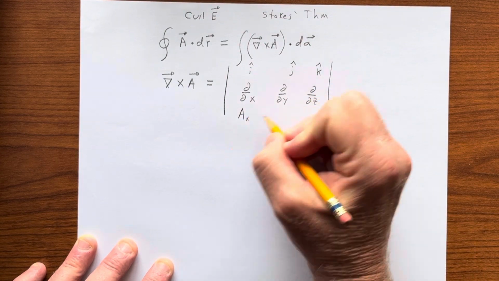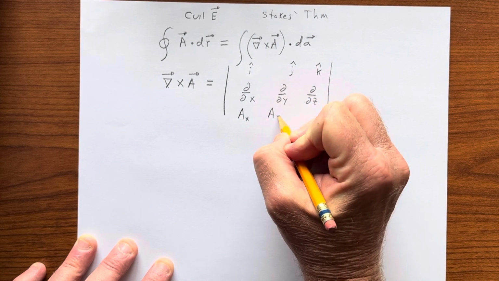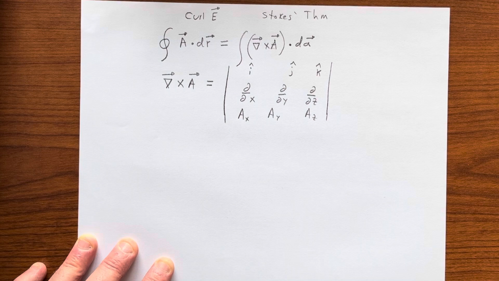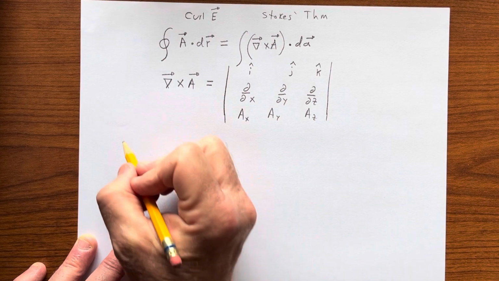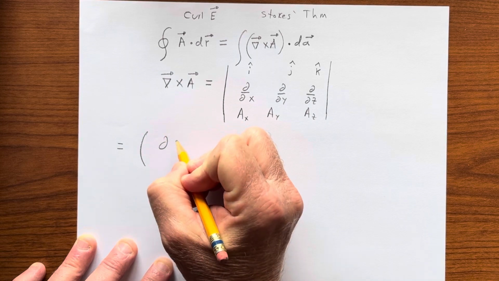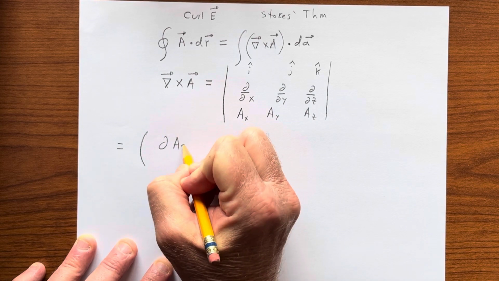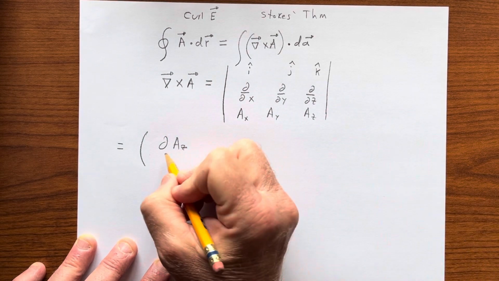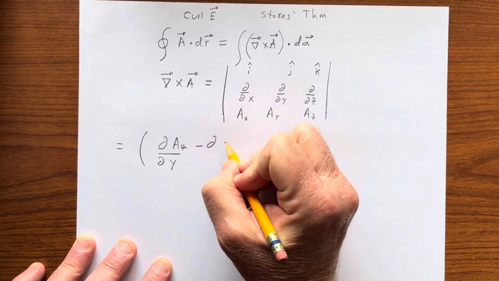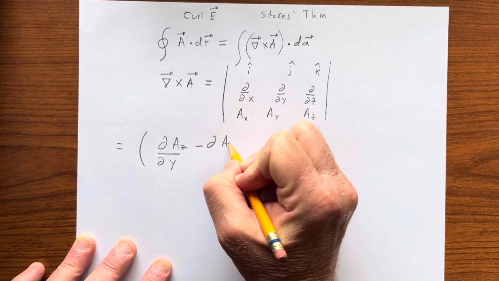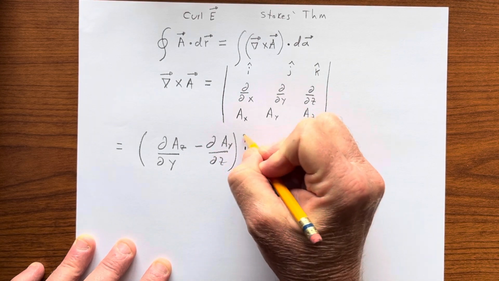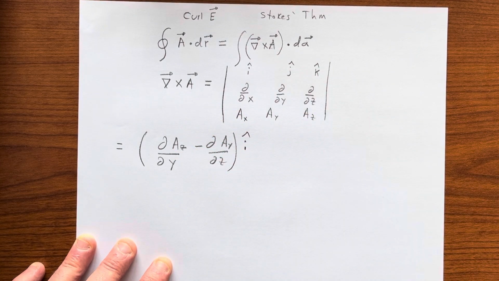So we have the x component, the y component, and the z component. And that gives us the derivative of the z component of the vector field with respect to y minus the derivative of the y component with respect to z. That is the x component of this vector field, right?